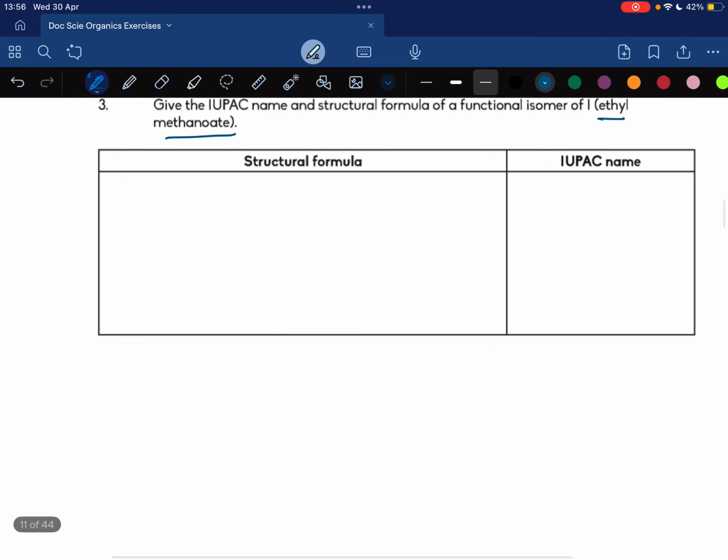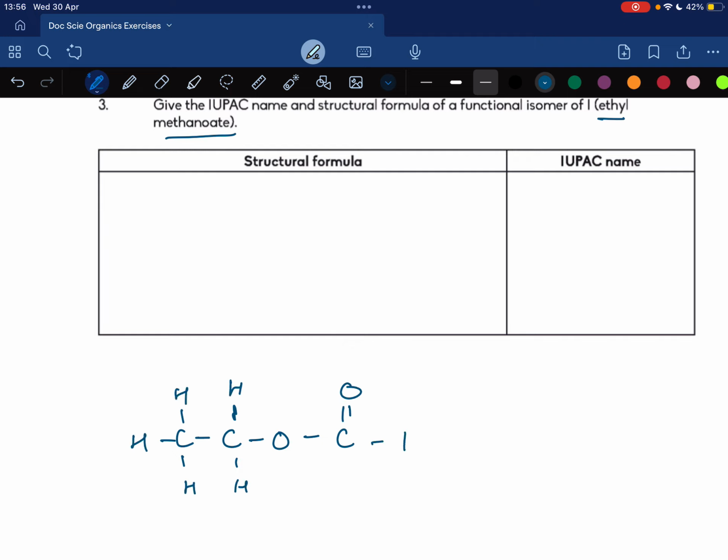It's going to be an ester. I'm going to start with the alcohol part. Ethyl is 2 carbons, then the O, then C double bond O, then methanoate is just one carbon, so I already have the carbon there, and I just add the hydrogen.